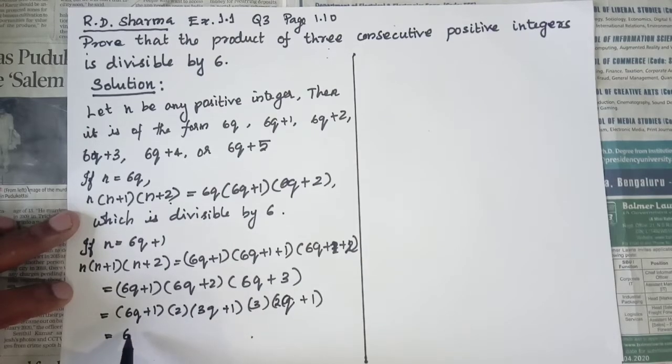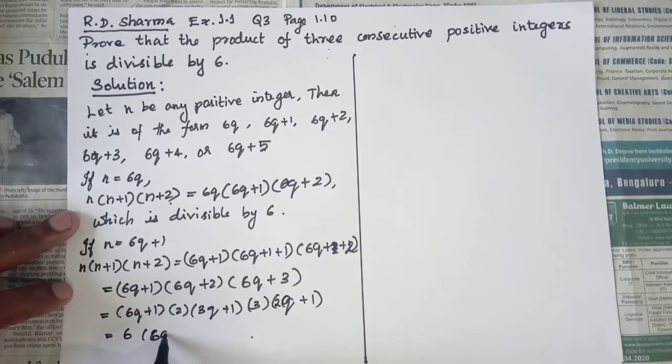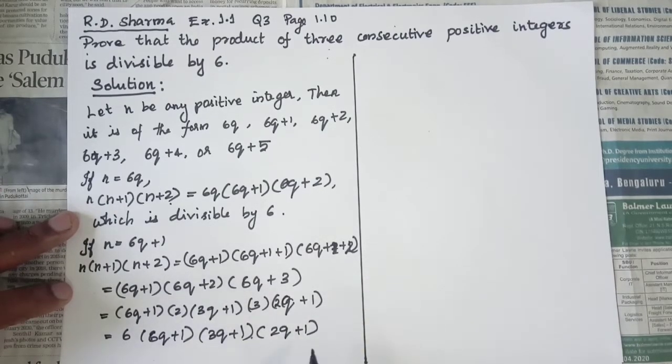We can write 6 into 6q plus 1, into 3q plus 1 into 2q plus 1. Here also it is 6 times a number, an integer. So it is divisible by 6.